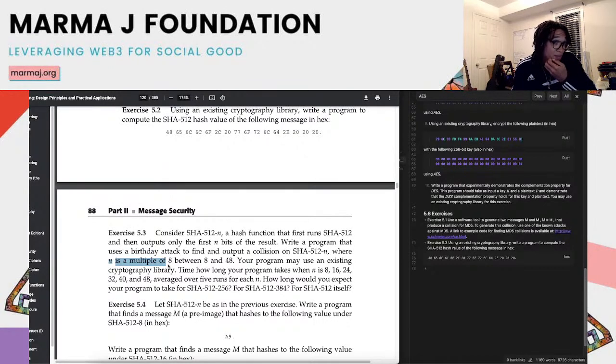Your program may use an existing cryptography library. Time how long your program takes when N is 8, 16, 24, 32, 40, and 48.